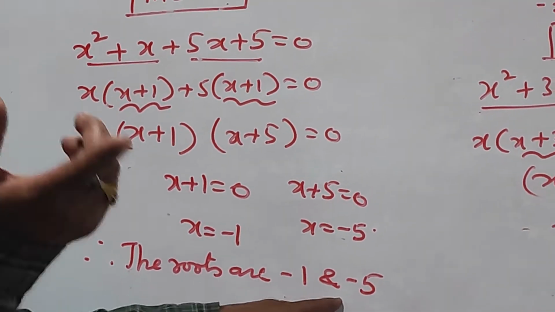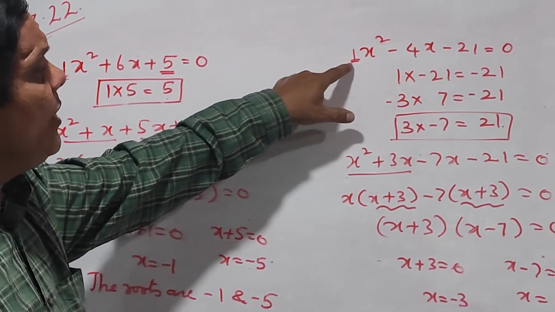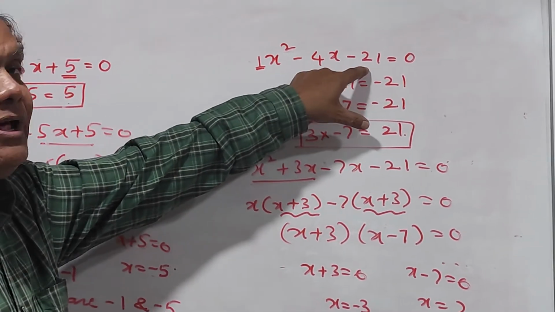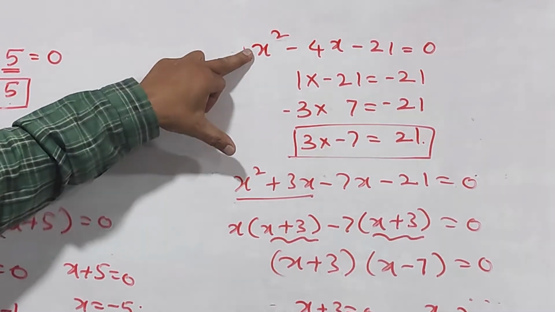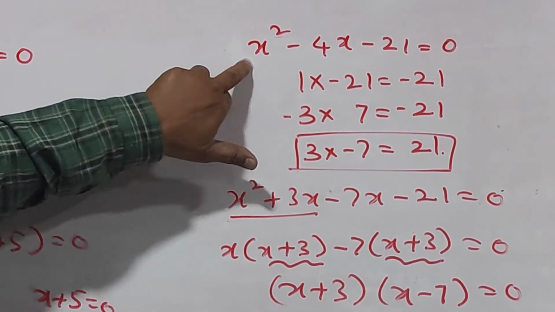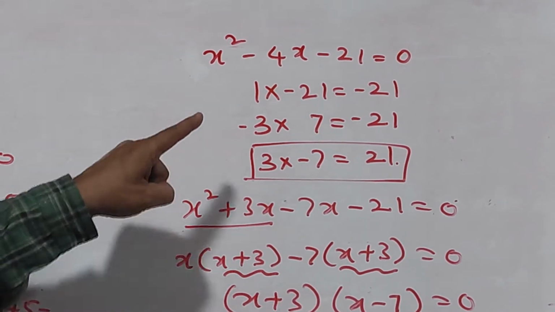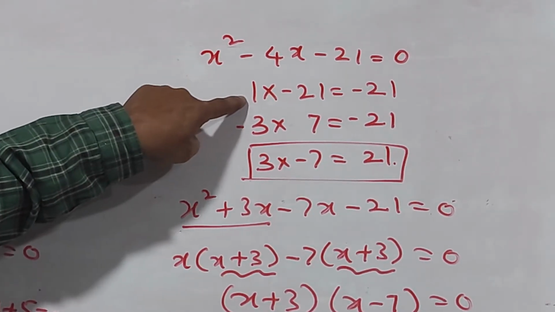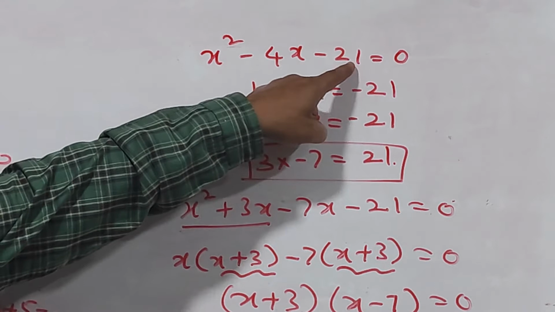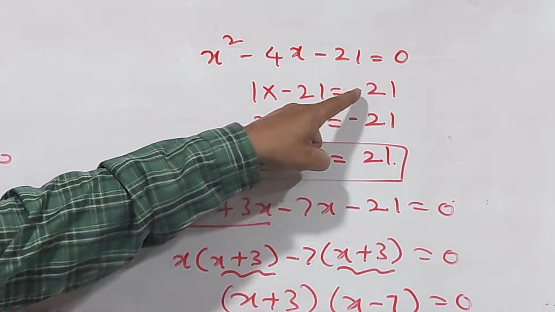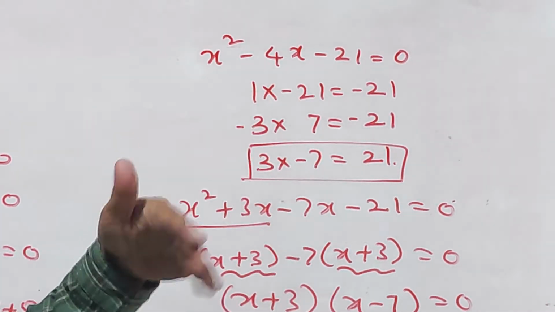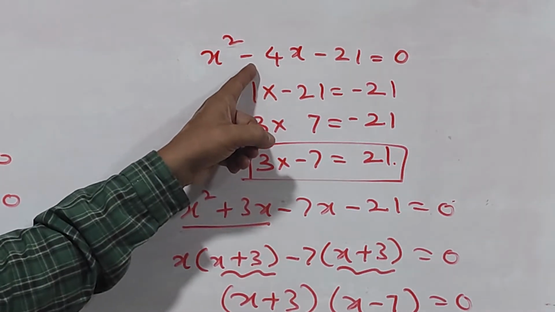Then I am giving one more example, which is x square minus 4x minus 21. So here this 1 is not written, but we have to take 1 as a coefficient. So from here we take 1, and this minus 21 is equal to minus 21. Then we write all the factors so that we get the answer minus 4.